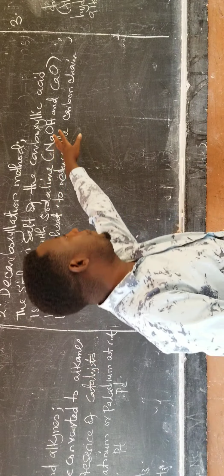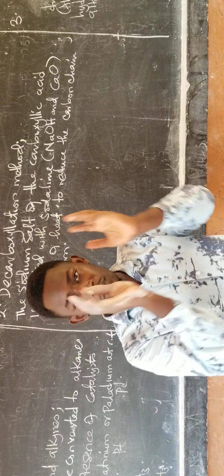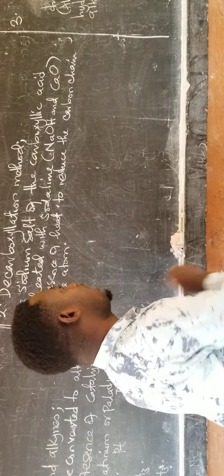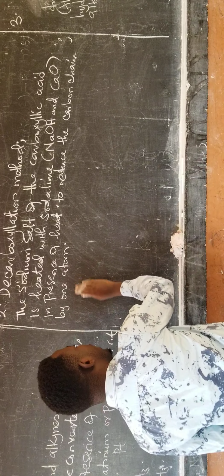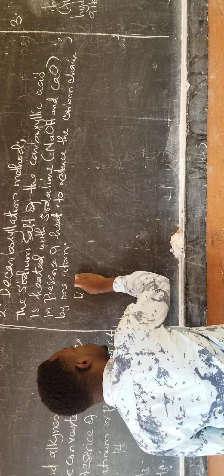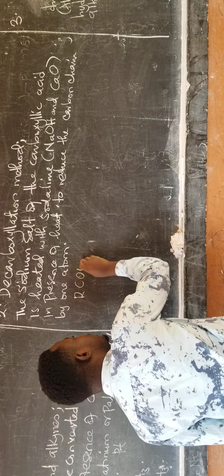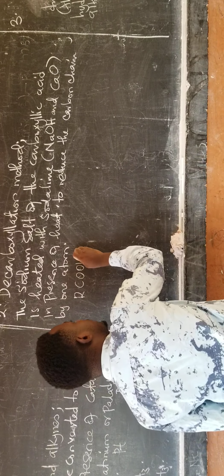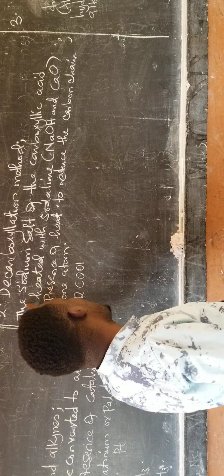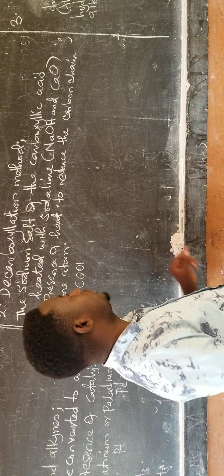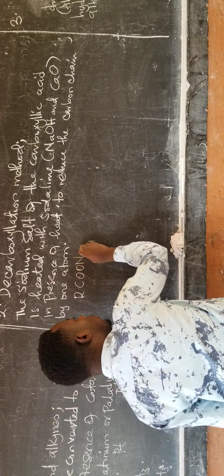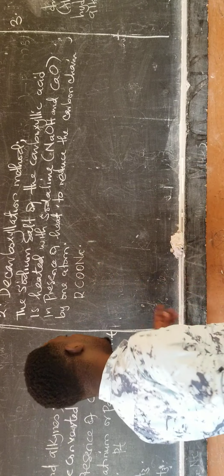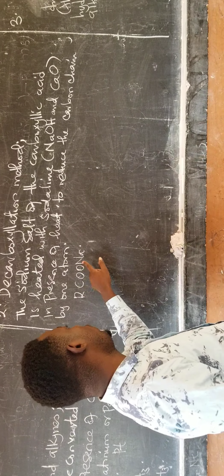When this happens, the carboxylic group is cut off from the compound. We can have a general carboxylic group as RCOO, but in that case we have to use a sodium salt of a carboxylic acid, RCOONa.